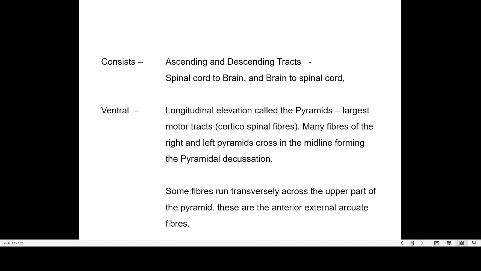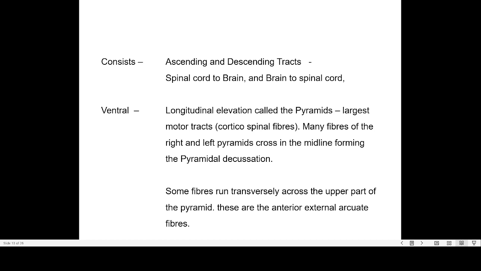Then the ventral, that means anterior, aspect. Usually there is a longitudinal elevation called the pyramids. These consist of the largest motor tracts, the motor group of fibers usually called corticospinal fibers, from the cortex to the spinal cord.